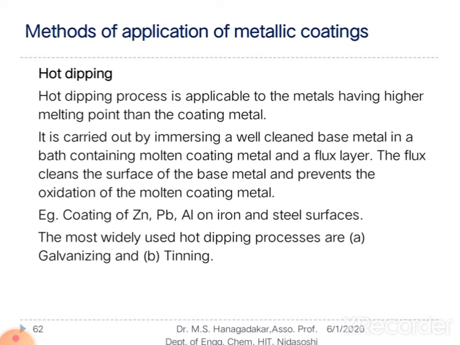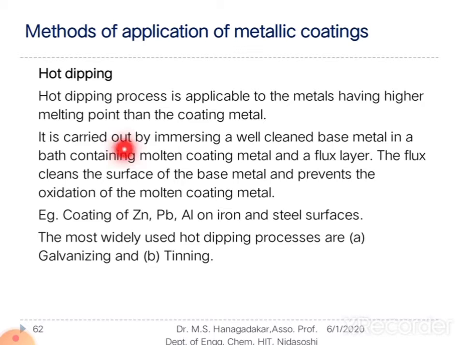Now, as I told you, metal coatings can be applied on the base metal by the hot dipping process. What is the hot dipping process? The hot dipping process is applicable to metals which have a higher melting point than the coating metal.